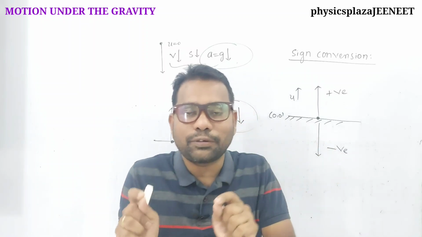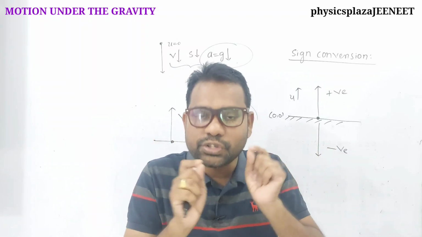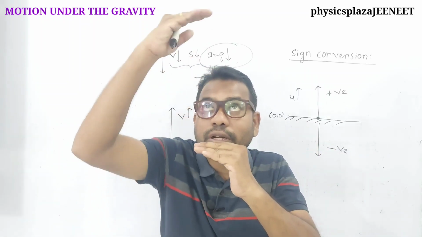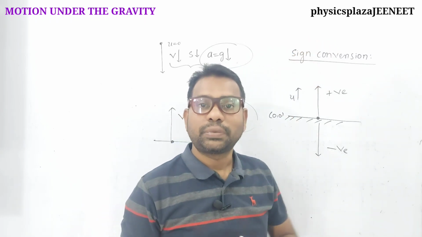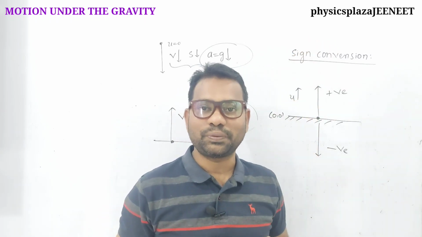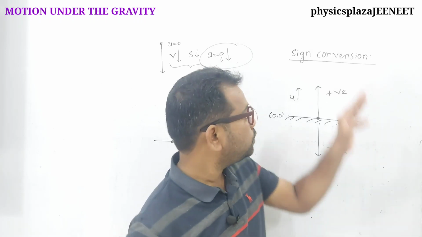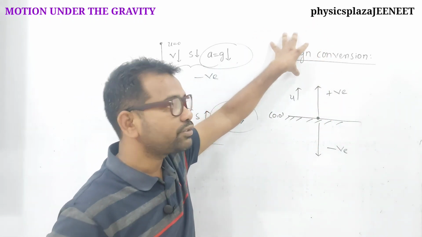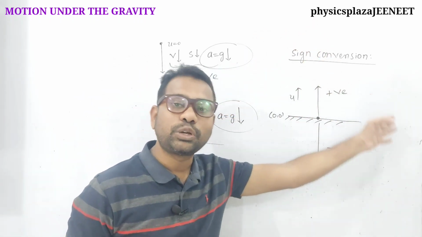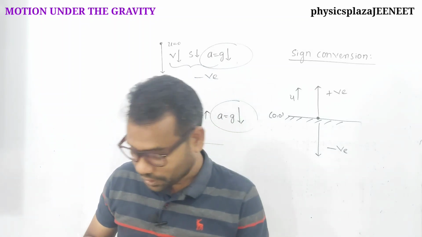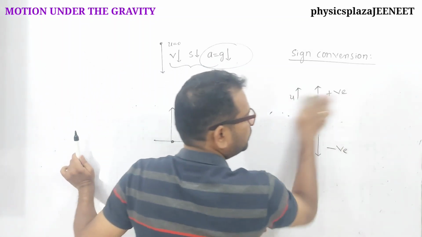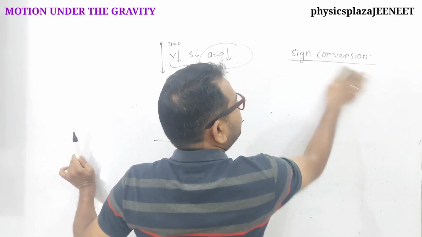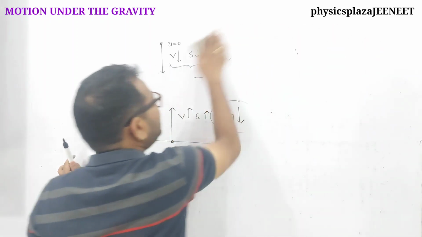As per the sign convention rule children, the physical quantities above the reference point are taken as positive, below that we take as negative. But the acceleration due to gravity is always negative. Am I clear? If you follow the sign convention strictly, the g value is going to be negative. Fine? Okay.